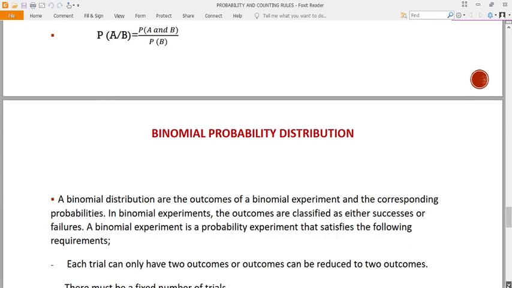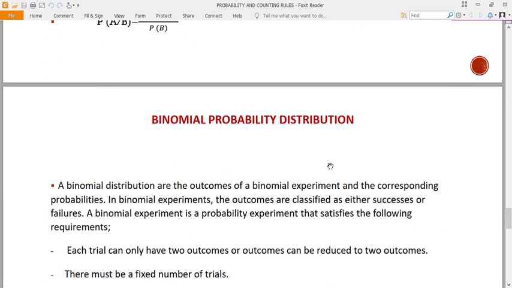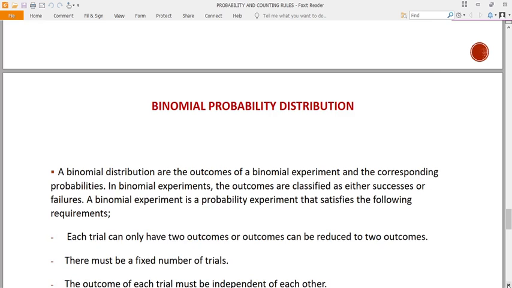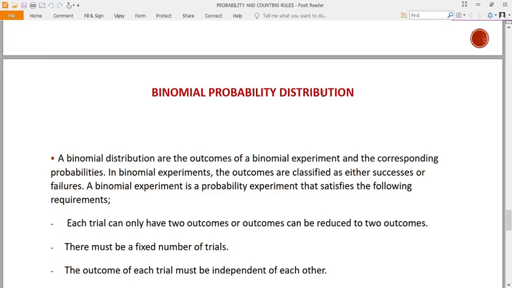Then we have what we call a binomial probability distribution, and a binomial probability distribution basically looks at experiments that are classified as either successes or failures. In other words, a binomial experiment always has two outcomes. So it is either a yes or no, or either a success or a failure.